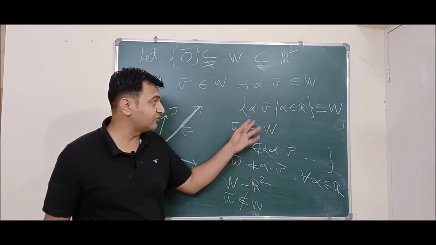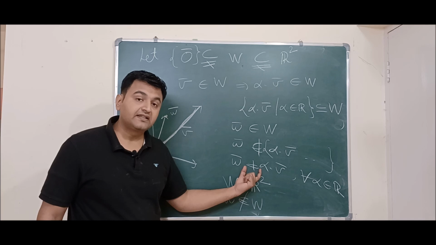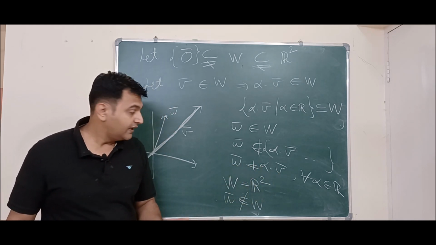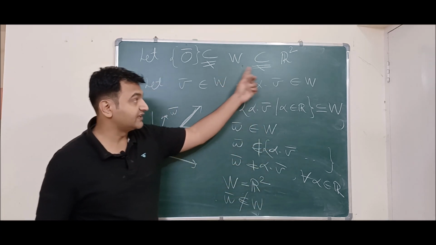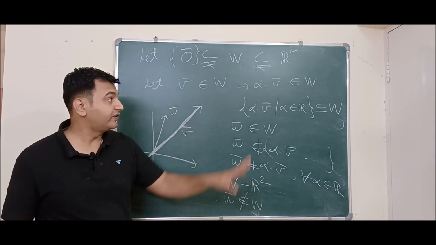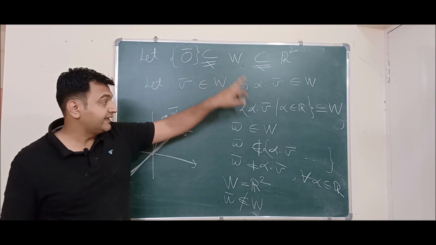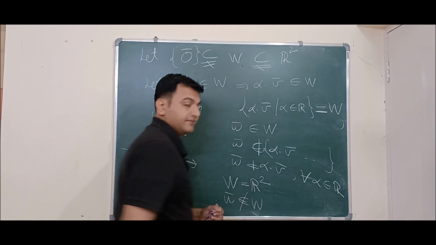You take a vector which is not a multiple of v, but then what do you get? You get that they are independent vectors. That means v bar and w bar form a basis for R2. That means W is nothing but the whole of R2, which is a contradiction. Therefore our w bar is not in W. So if you take a non-trivial subspace of R2, then it is exactly a line passing through origin.